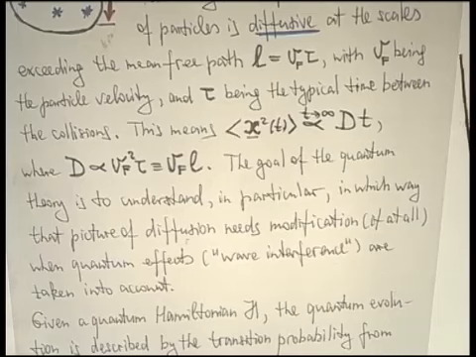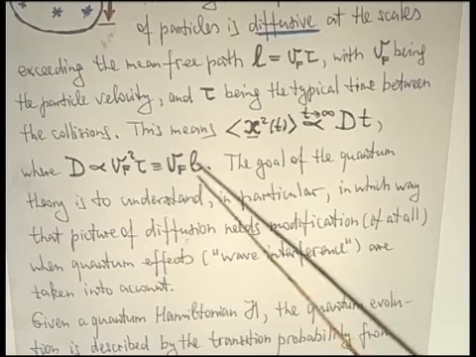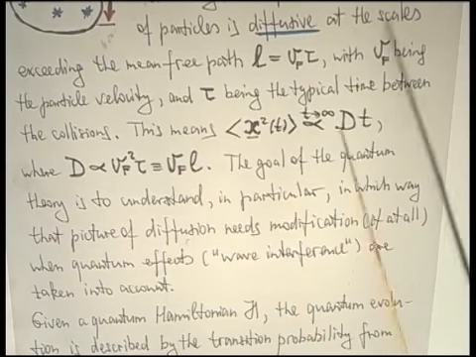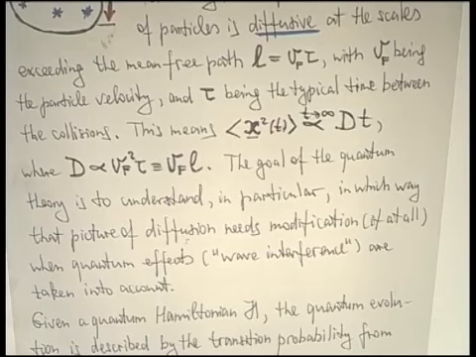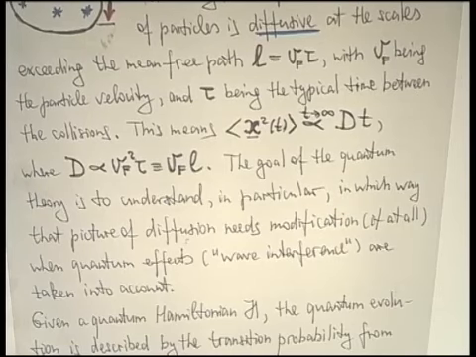It's a very simple exercise that, if we assume this picture, D should be just given by the product of velocity times this mean free path. I keep here this index F because, of course, I think about electrons at the Fermi level, as we've heard today. So it's the Fermi velocity in some sense.